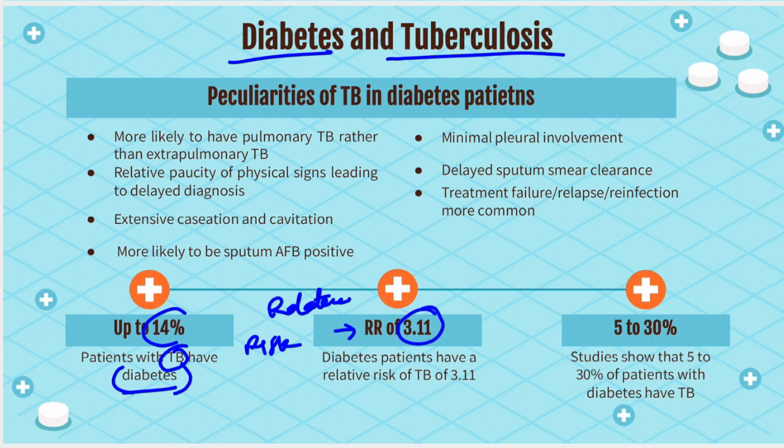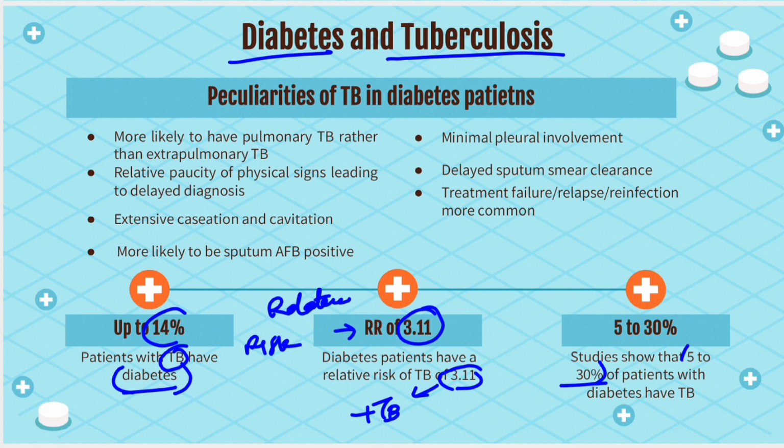It means any patient with diabetes has 3.11 times higher chances of developing TB as compared to those who do not have diabetes. It is also seen from various studies that about 5 to 30% of the patients with diabetes have TB.